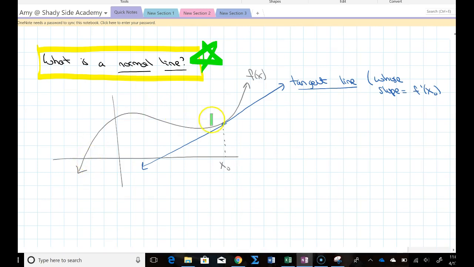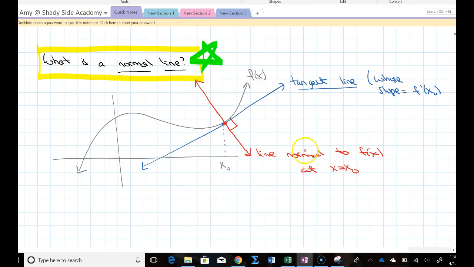Well, if you have a function and you have a point of tangency, and we know this is called the tangent line, the line normal to the function f of x at x equals x naught is the line that is perpendicular to the tangent line. So this line here is called the line normal to f of x at x equals x naught.